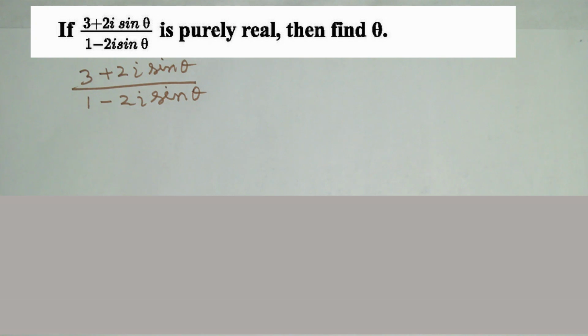To express this in terms of a plus ib, rationalize the denominator by multiplying the numerator and denominator by the conjugate of the denominator.